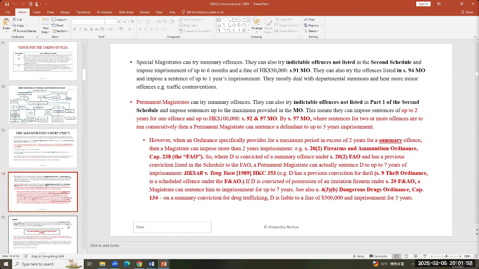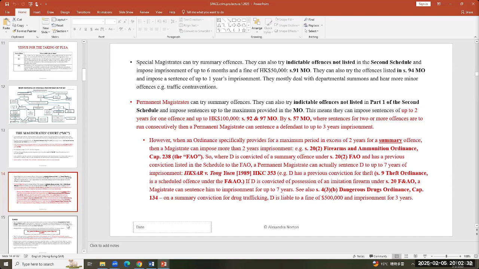That provides that if the defendant has in his background committed one of a certain number of offenses listed in the schedule, and theft is one of them, then even a magistrate can sentence the defendant to up to 7 years imprisonment. But there has to be that special statutory provision giving the magistrate that power. If there is no specific provision, then the magistrate does not have that power, okay?